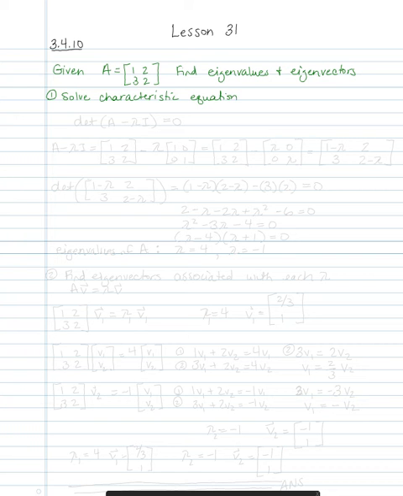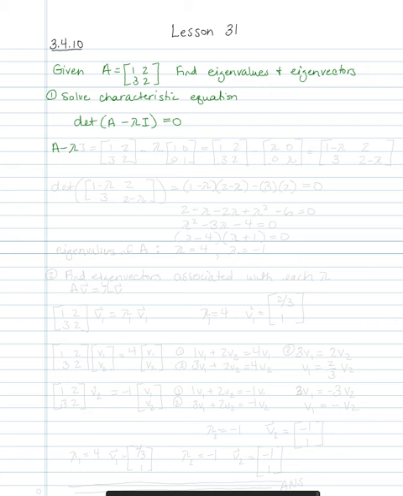The characteristic equation says that lambda is an eigenvalue for a matrix if the determinant of A minus lambda I equals 0. So we're going to solve for A minus lambda I and set the determinant equal to 0.